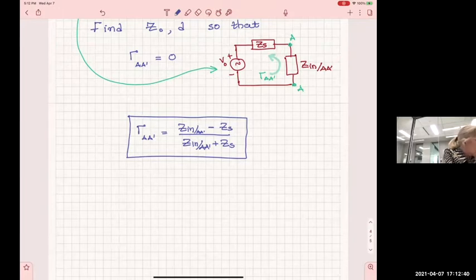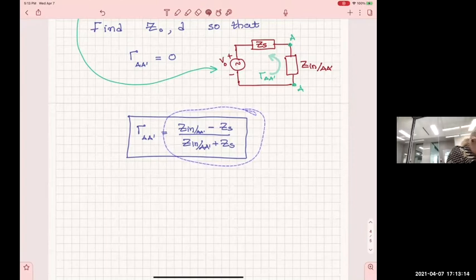We want the maximum power transfer from the source, which has an internal impedance Z sub S, to the load. The moment you replace your line with an input impedance like we did here, your reflection coefficient in that circuit has this form. It expresses itself in terms of the input impedance there and the impedance behind you, which is ZS.